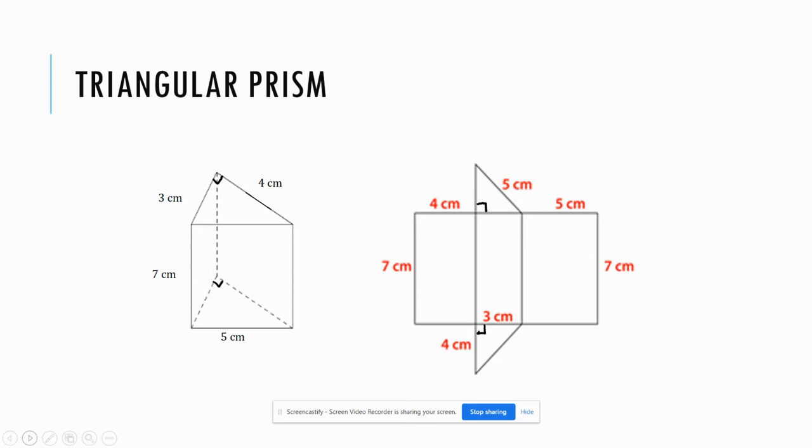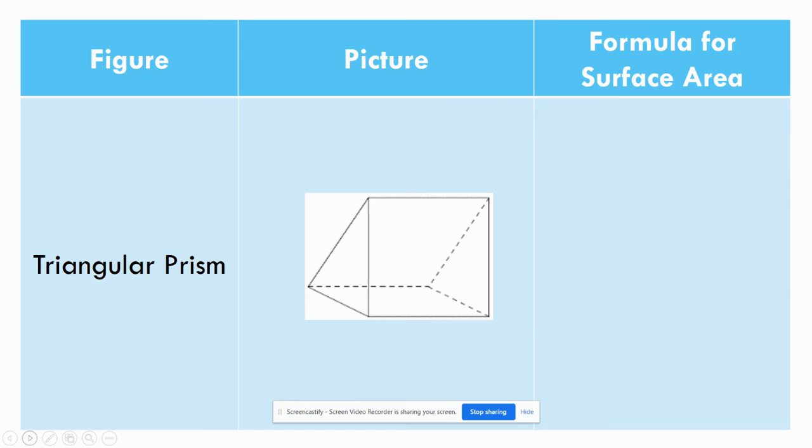So while we could always take apart a triangular prism and then find the area individually of these 2 different right triangles and then of these 3 rectangles, there is a much faster way to find the total surface area. If I'm looking at a triangular prism, surface area is going to look very familiar to yesterday's.